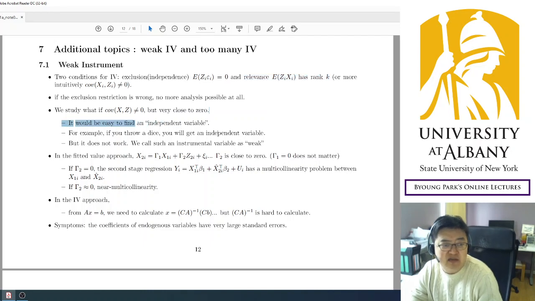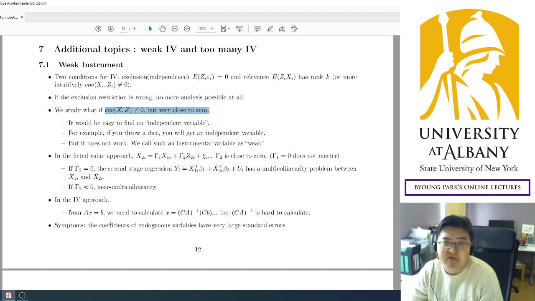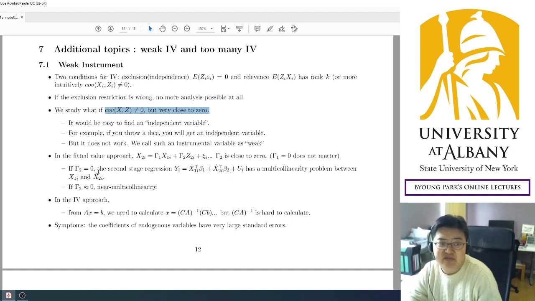To understand what's going on when you have covariance close to 0, we are going to consider the fitted value approach first.